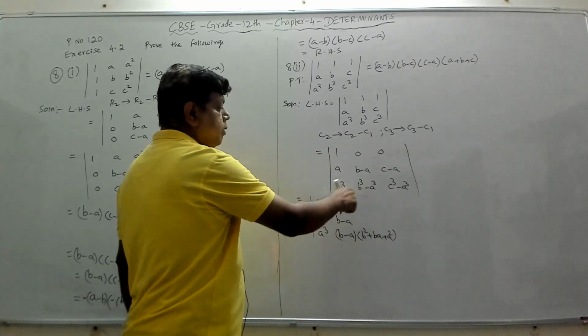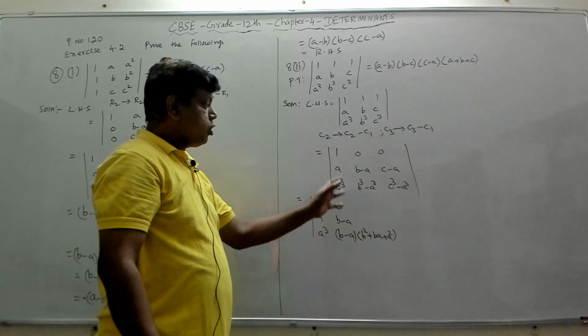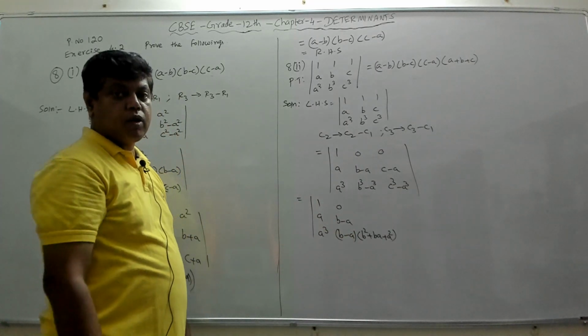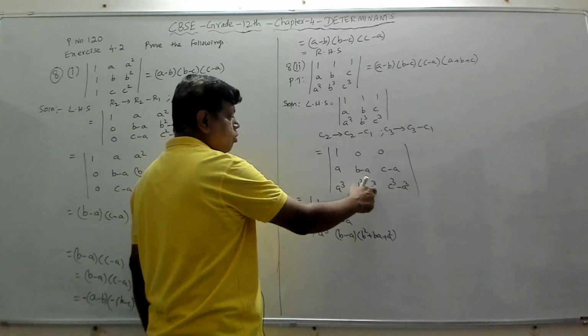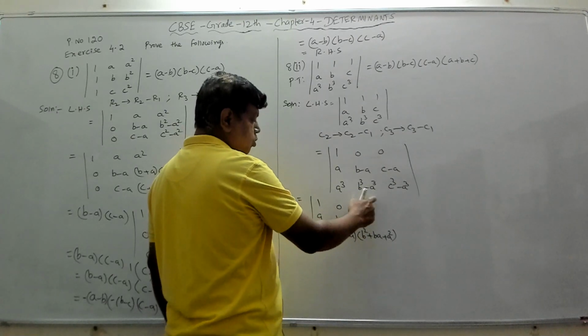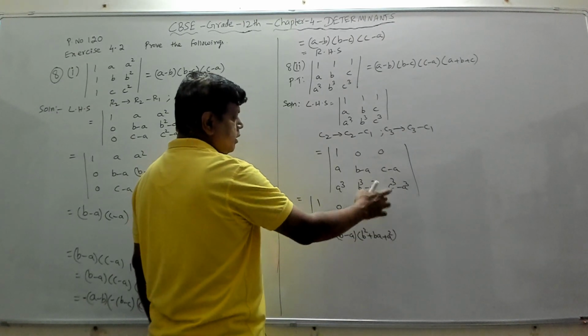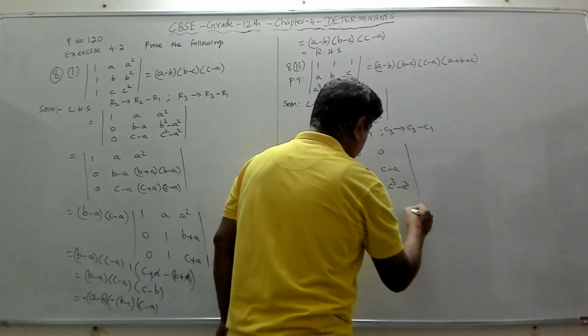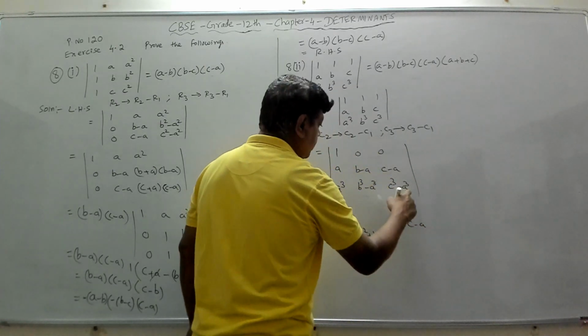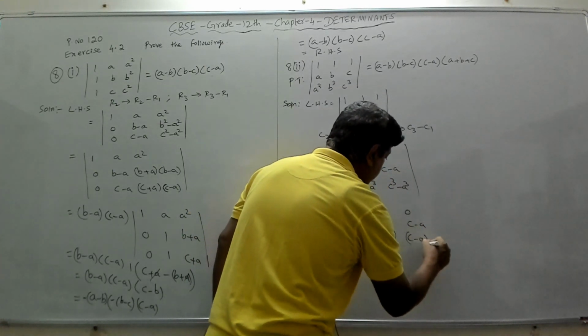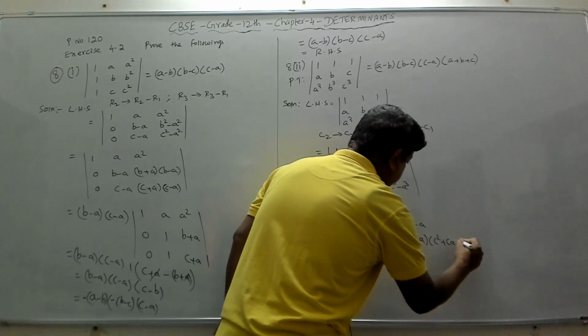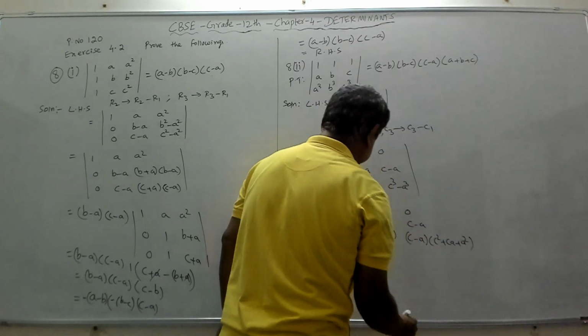I am applying the A cube minus B cube formula: A cube minus B cube is A minus B into A square plus AB plus B square. Similarly, 0, C minus A, and C cube minus A cube will be C minus A into C square plus CA plus A square.